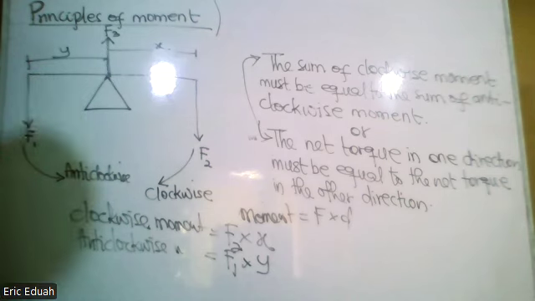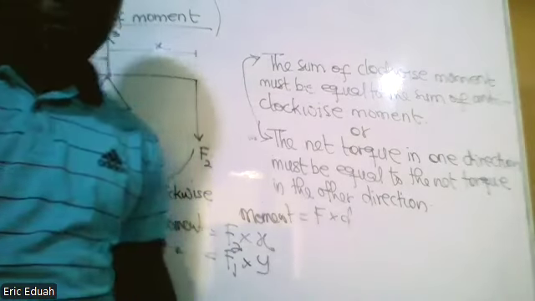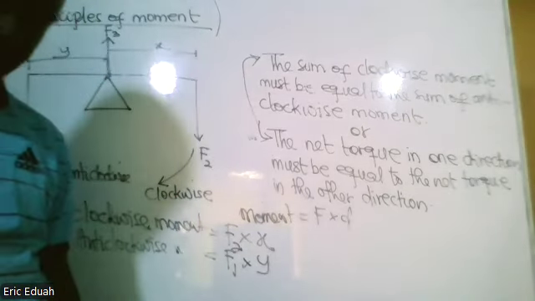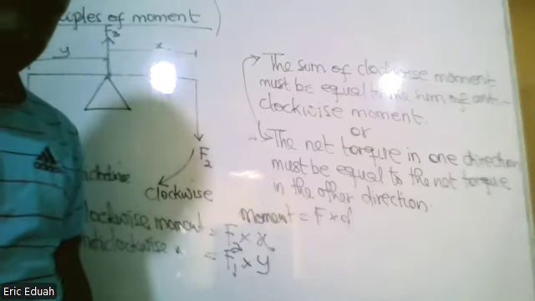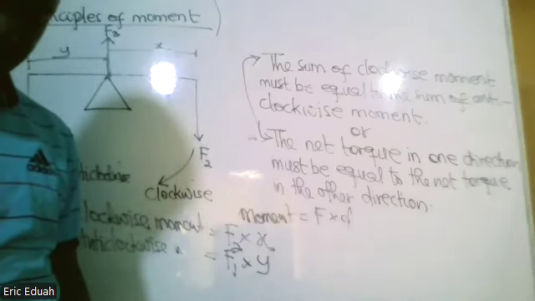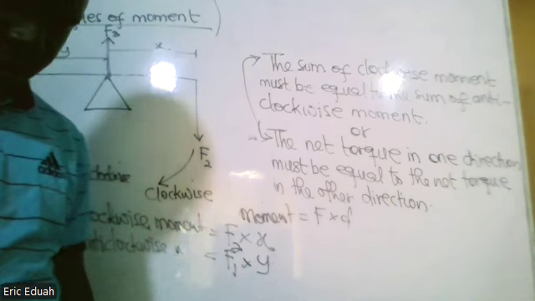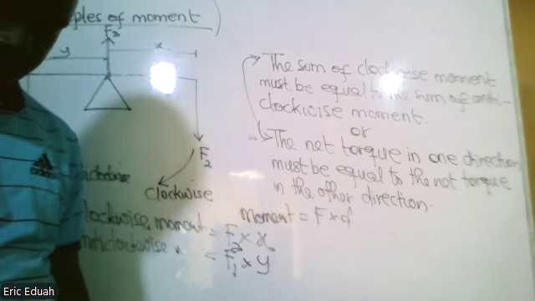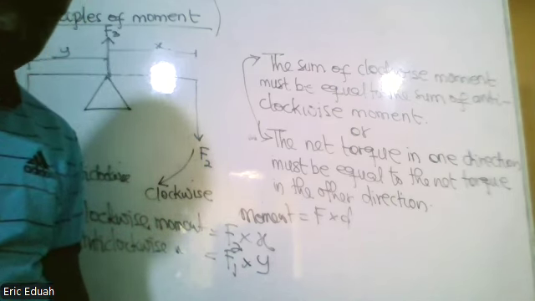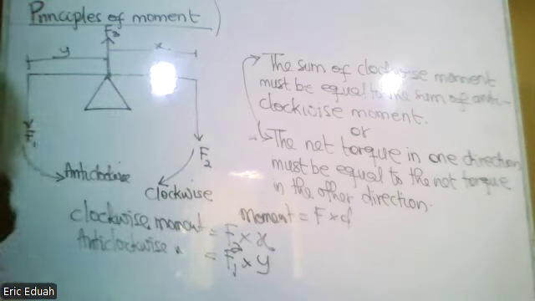Sir, please, what's the unit for calculating moment? Oh, the unit: force times perpendicular distance. Force is in Newton, then distance is in meter. So Newton meter. That's the SI unit.